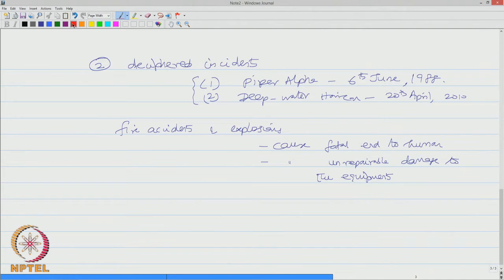What I should say is they cause a proportional value of asset damage.